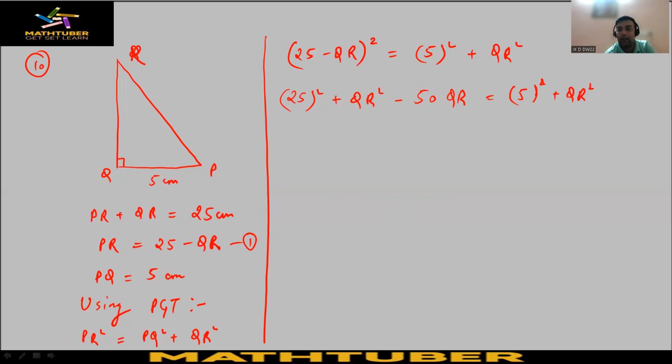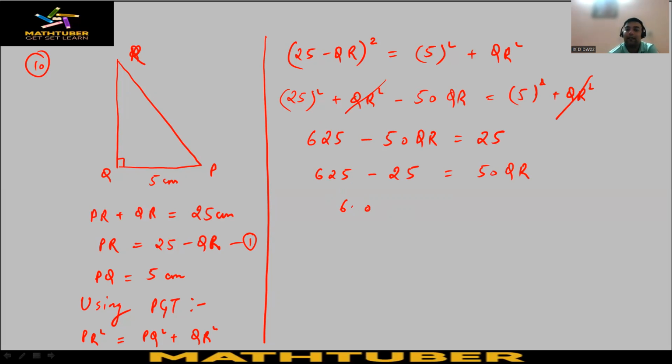So on both the sides plus QR square is there, so it can be cancelled out. Now this will be 625 minus 50 QR is equal to 25. Taking this 25 here, it will be 625 minus 25 is equal to 50 QR.